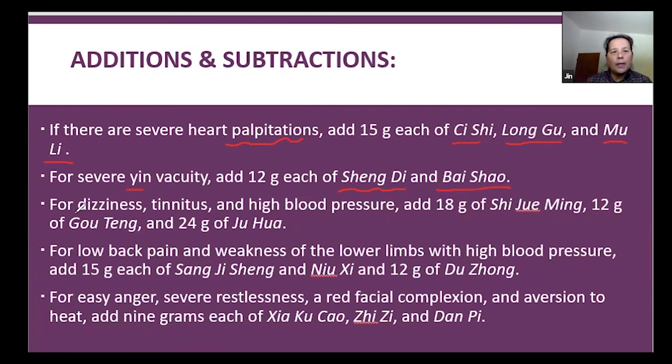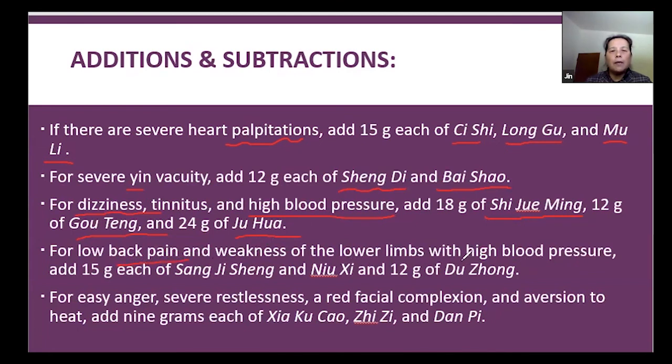And if the patient has dizziness, tinnitus and high blood pressure, for TCM that belongs to an internal wind condition. We need to distinguish the wind, so we add 石决明、钩藤 and 云菊花.